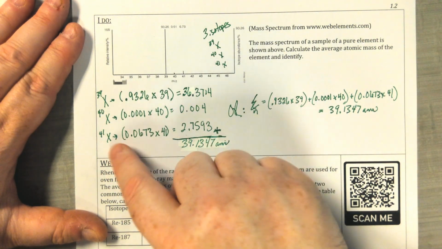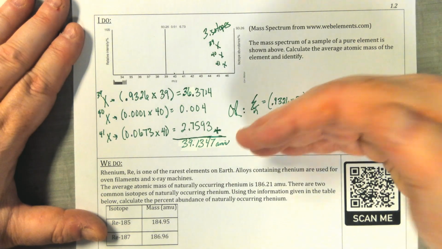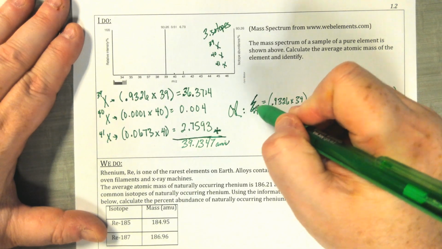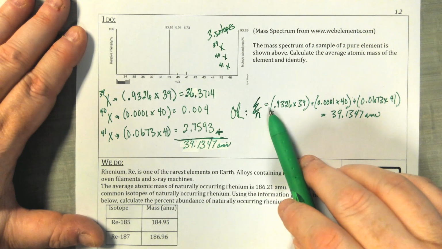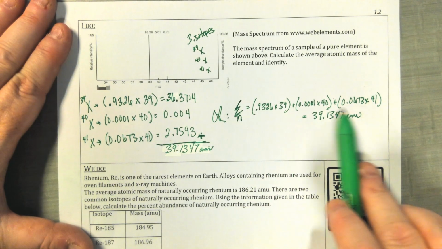We do the same for 40 and 41, and then we can add them all up together. Or a lot of times you will see, especially in AP, they put that Greek letter there with n equals 1, and we're doing the same thing, but adding them in a line.